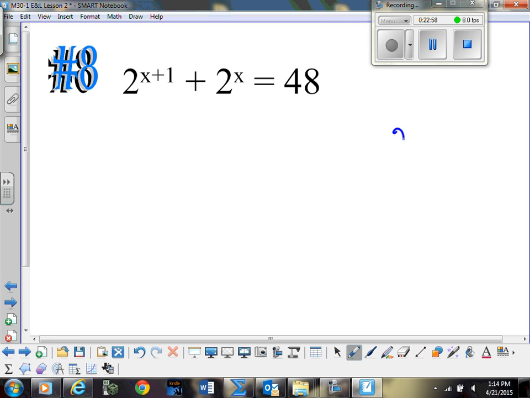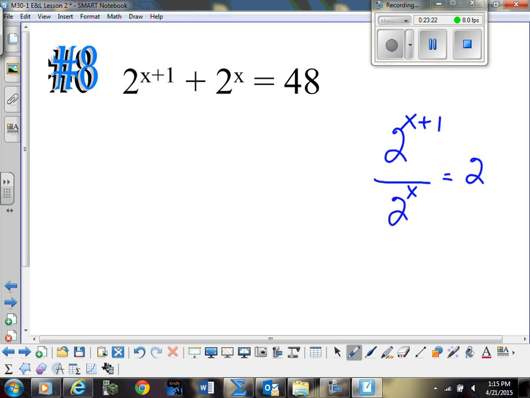If you see this, 2 to the x plus 1, it actually has a factor of 2 to the x. If I take out 2 to the x, it's like dividing this by 2 to the x. What would that equal? Well, when we have a common base and we're dividing, we would subtract.